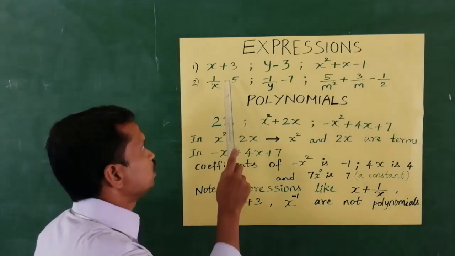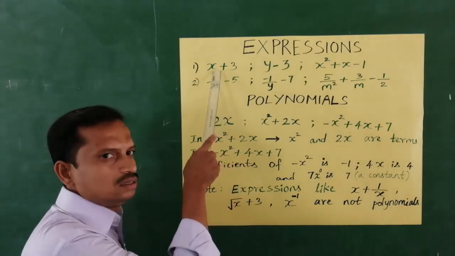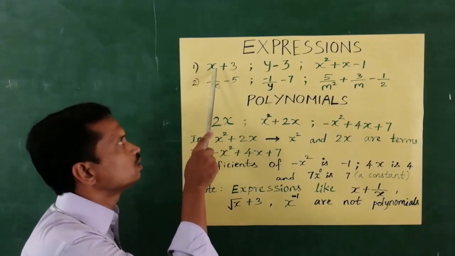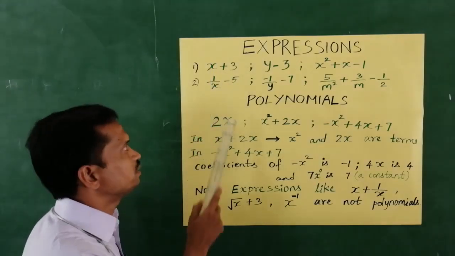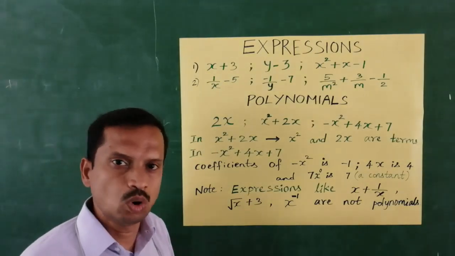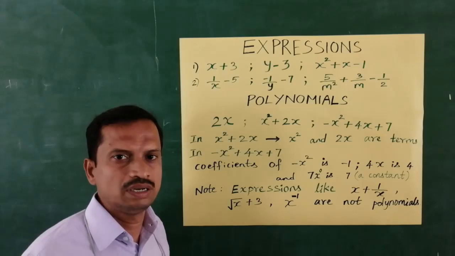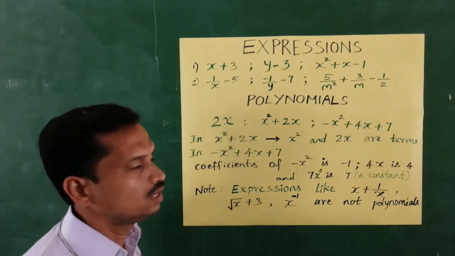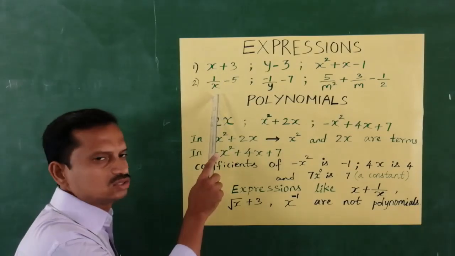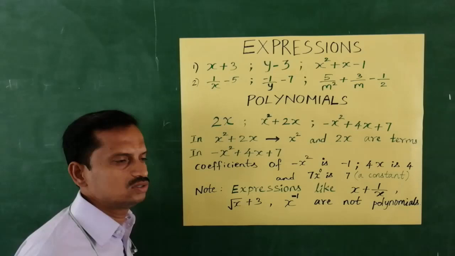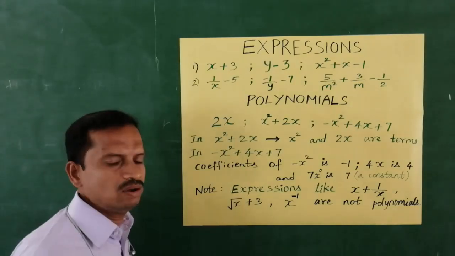Here the power or exponent of the variable x is 1, but in 1 by x, that is x power minus 1. The negative power comes if you bring it to the numerator. So in 1 by x minus 5, 1 by x is one term and minus 5 is another term.